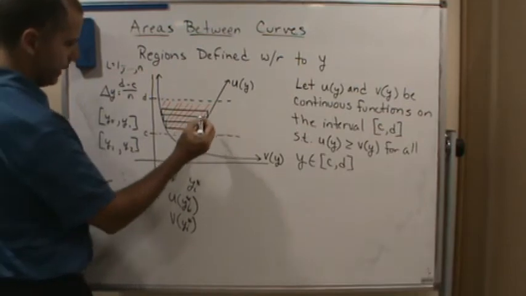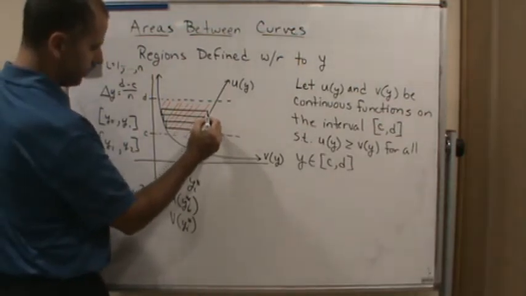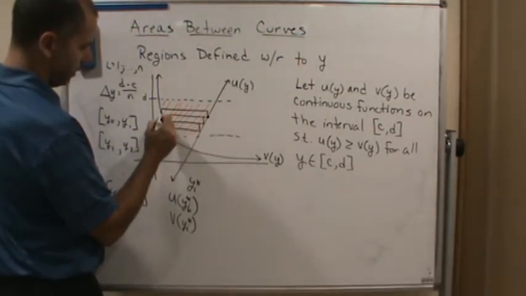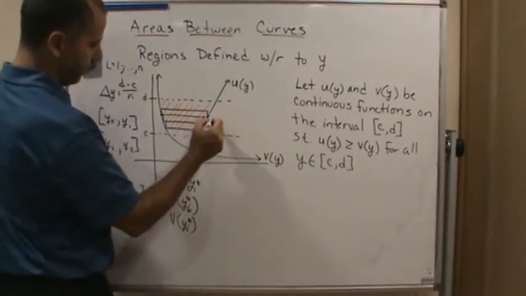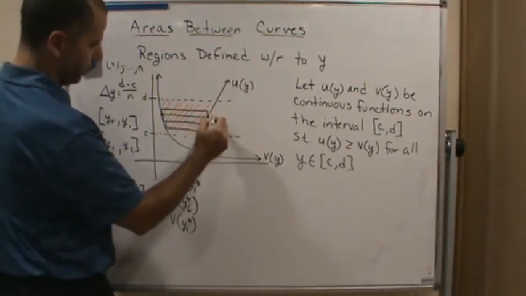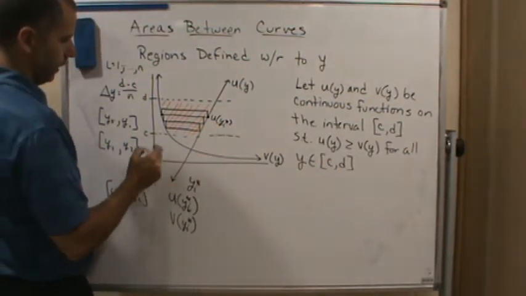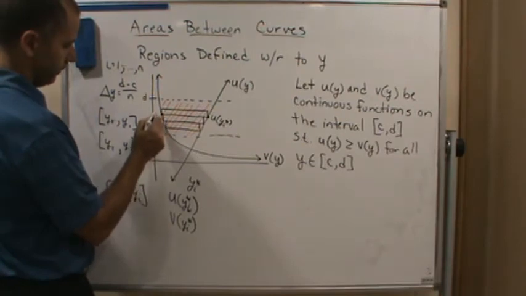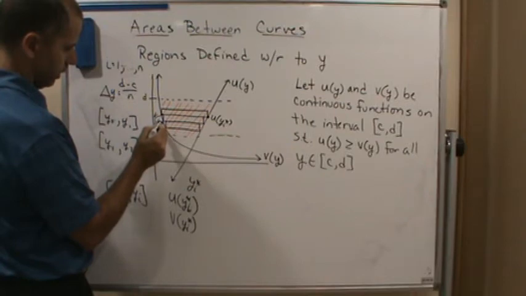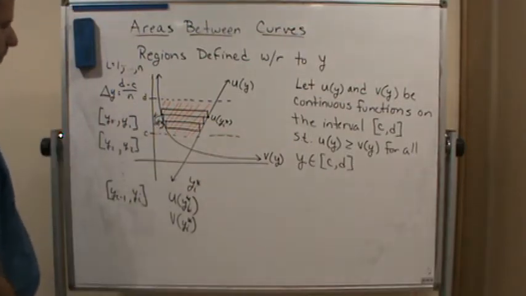So notice, let's just take this example right here. If this is our y sub i, this would be your u of y i star. And over here, this would be your v of y i star.